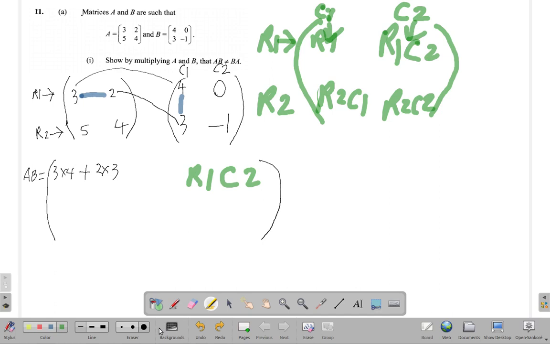Alright. So here. Let's continue. Now we're ready for row 1, column 2. We need to multiply row 1 by column 2.